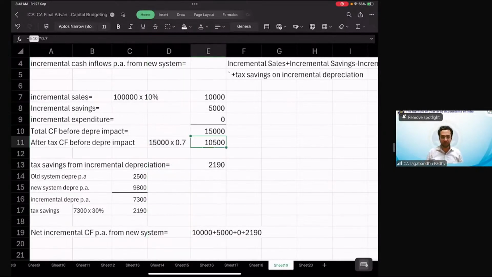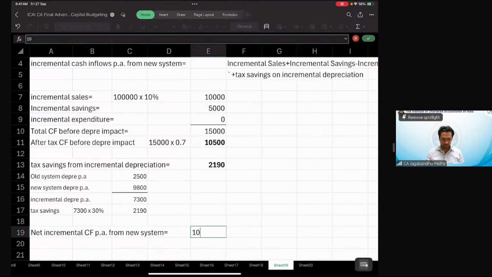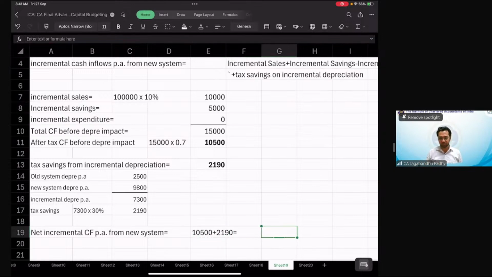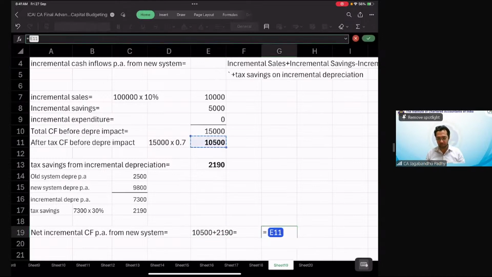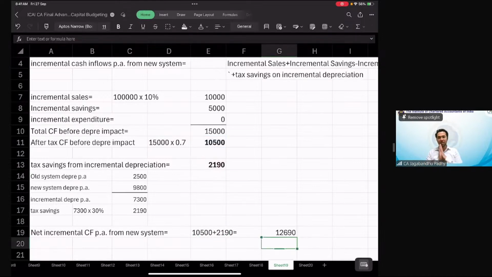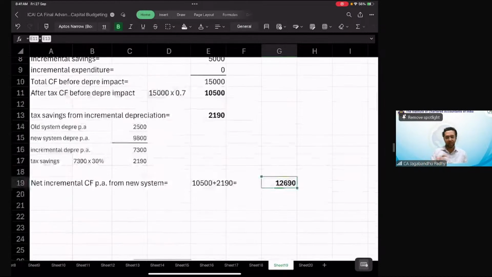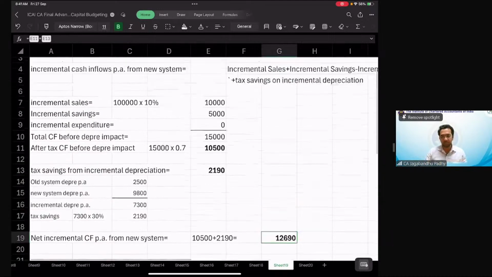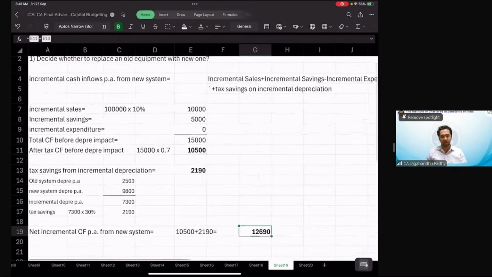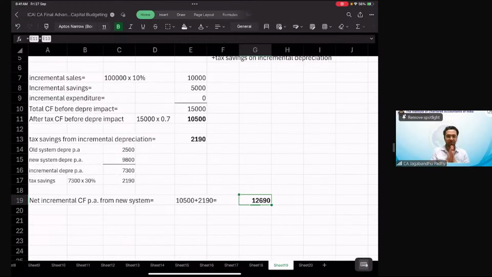So 10,500 and the tax saving due to depreciation. This total will be 10,500 plus 2190. We said 12,690 is the net incremental cash flow per annum from the new system. So from the new system, every year we are going to get a net cash flow per annum of 12,690.